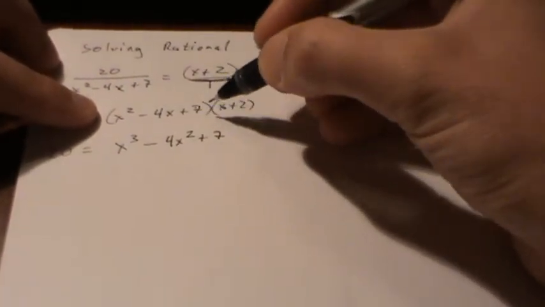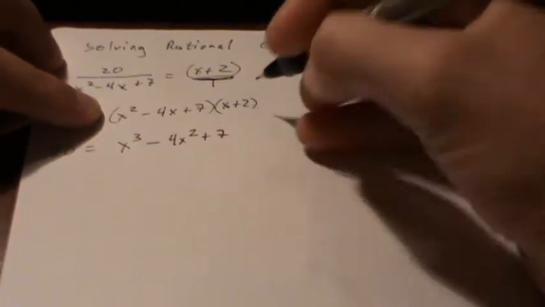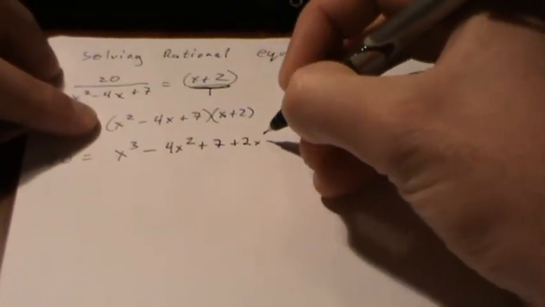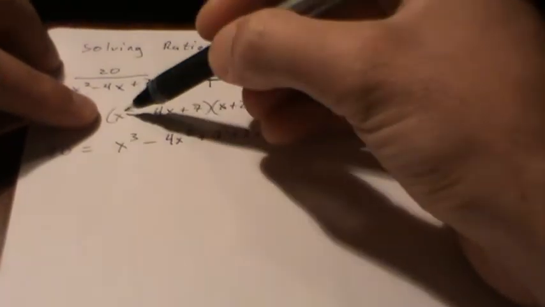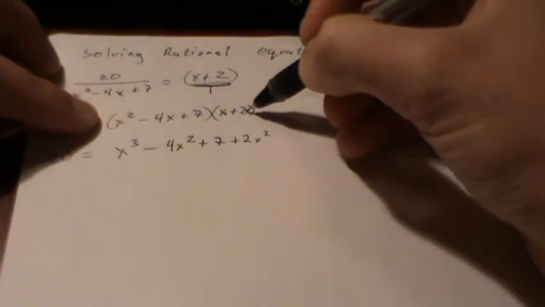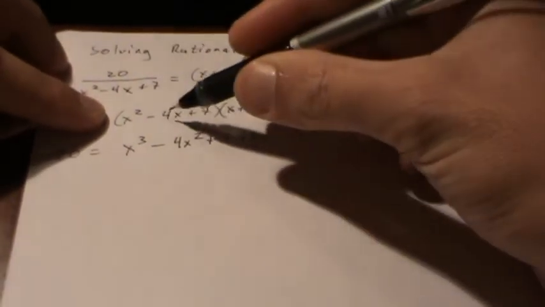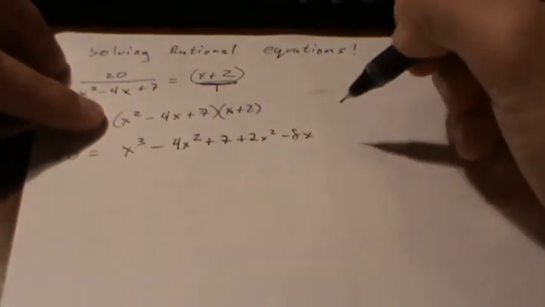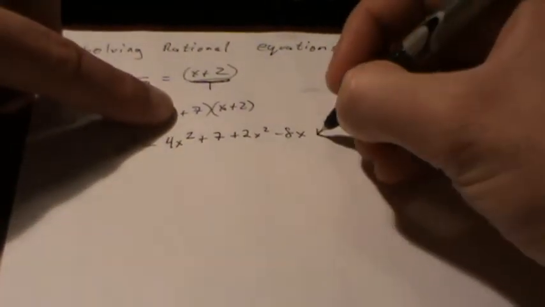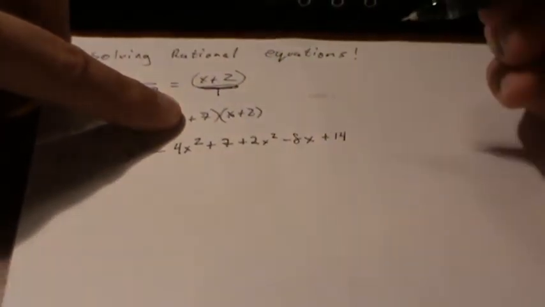Now I move on to the 2. Plus 2x squared, this times that was 2x squared. Then I've got minus 8x, 2 times a negative 4x is a minus 8x. Then finally plus 14, 2 times 7 is 14.